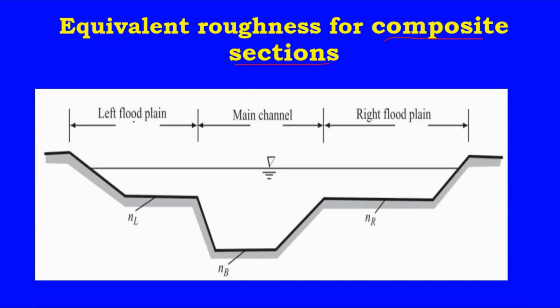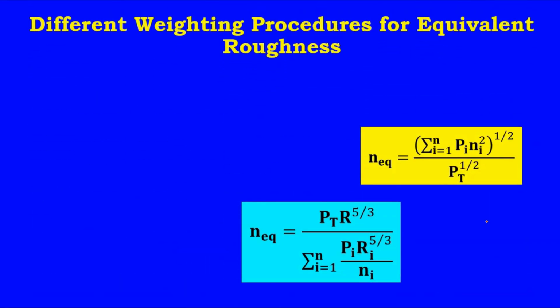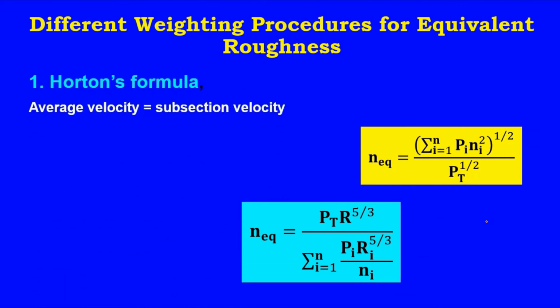This is the left flood plane, the main channel in the center, and the right. You have one roughness here, then another Manning roughness coefficient, and the third one is this one. So for a composite section, you should have an equivalent Manning roughness. We can compute it using different methods.